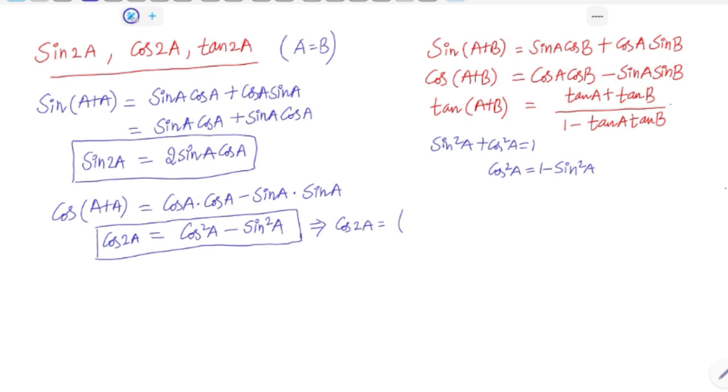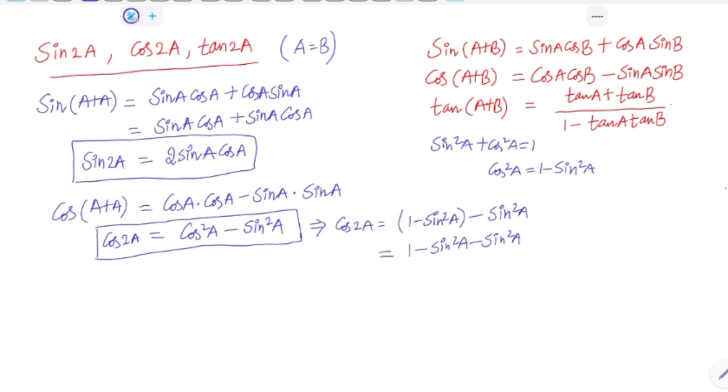Let me do it. In place of cos square a, I am substituting 1 minus sin square a, minus sin square a. Okay. Now we have two sin square a terms. 1 minus sin square a minus sin square a.